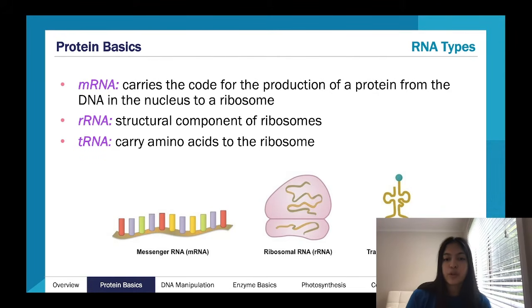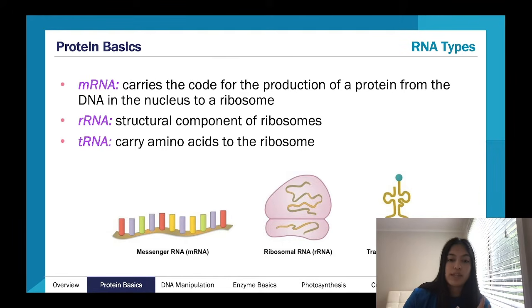It's just a structural component of ribosomes. That's all you need to know. You don't really talk about anything else to do with that. And then tRNA is important as well, involved in protein production, our translation. It basically just brings your amino acids during that process. But we'll talk about that.